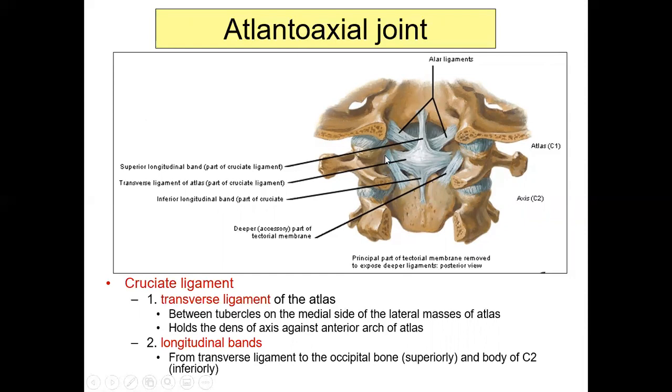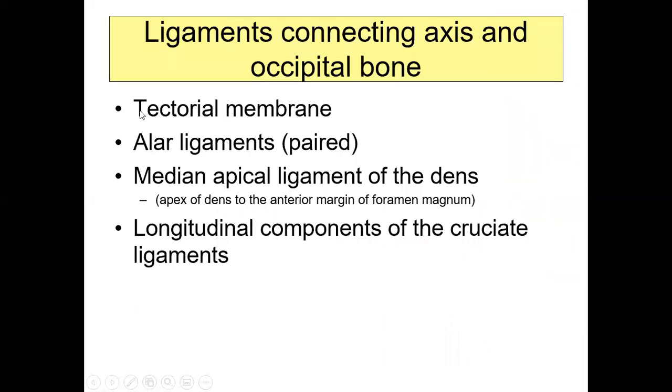So we have the superior longitudinal band and also the inferior longitudinal band, two parts. And then we also have the tectorial membrane, the alar ligaments, which are a pair in number, and the median apical ligament of the dens and the longitudinal component of the cruciate ligament.